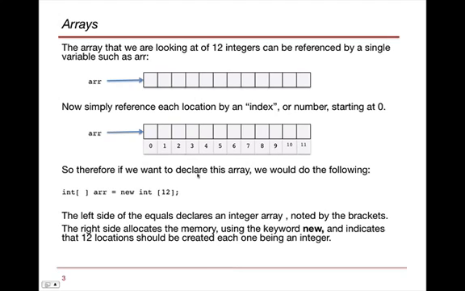So if we want to declare this array, we would do the following. We basically start with int bracket bracket ARR. ARR is the variable name, and that could be anything you wish. But the int with bracket bracket is to tell Java that we are declaring that ARR is an integer array. We're going to denote the arrays as these brackets. The difference here is that when we declare an array, we have to actually allocate the memory, and we do that with the keyword new.